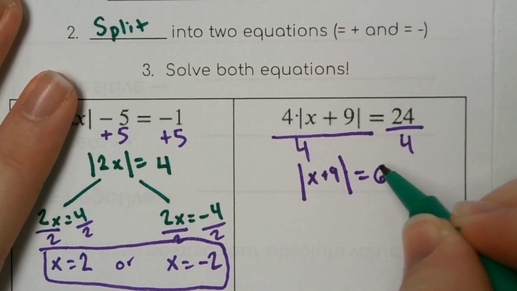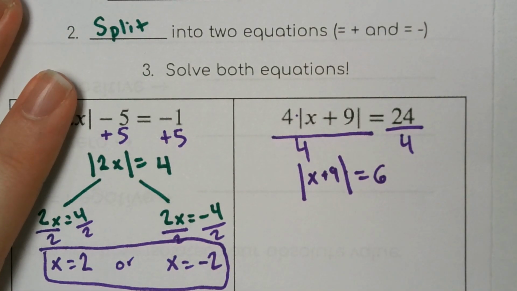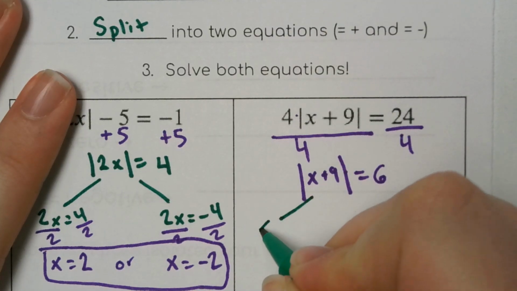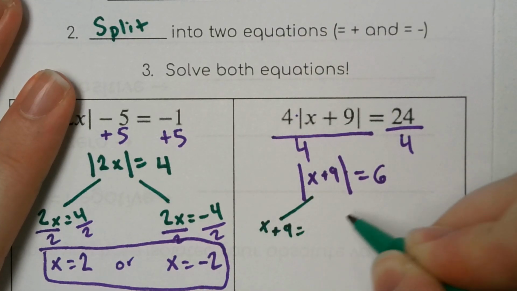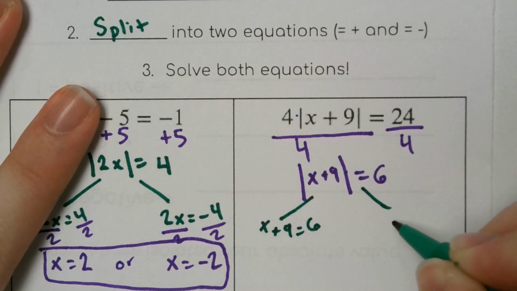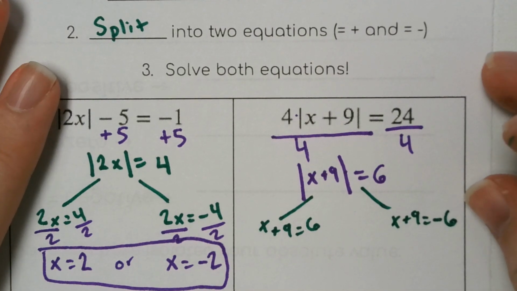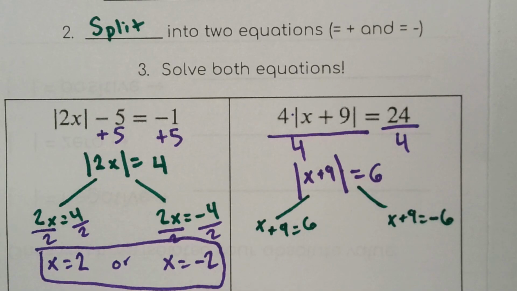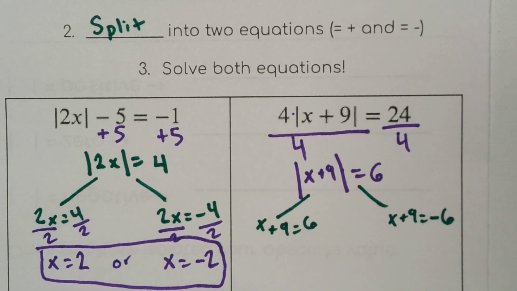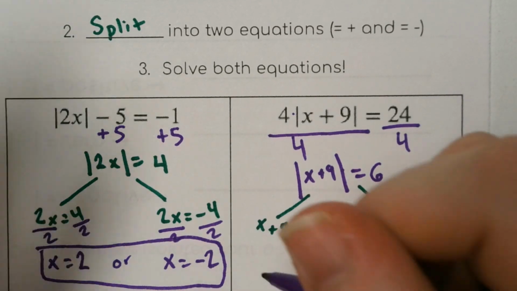Okay, we are going to split it now because our absolute value is isolated. So we have x plus 9 equals 6, and x plus 9 equals negative 6. Okay, how do we get rid of a plus 9?